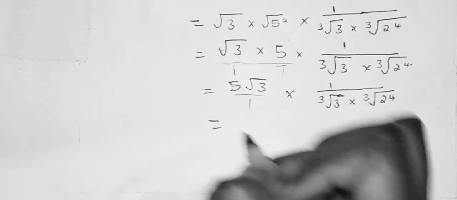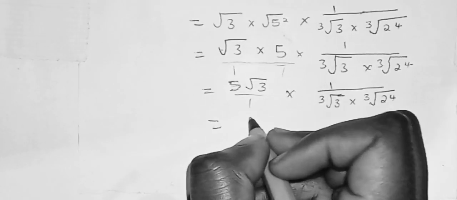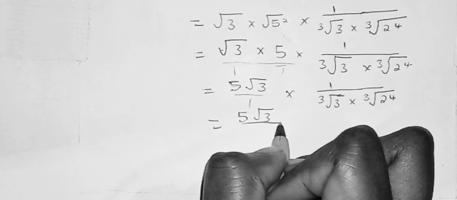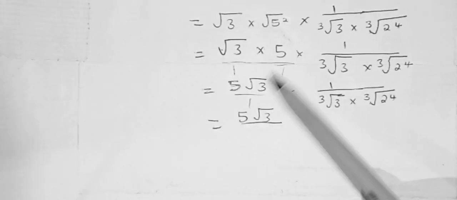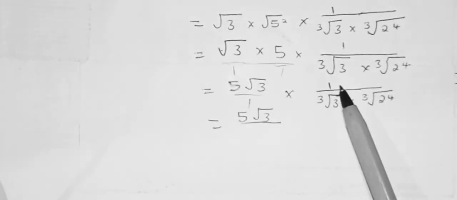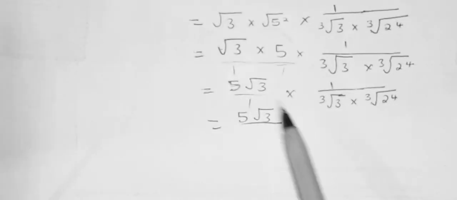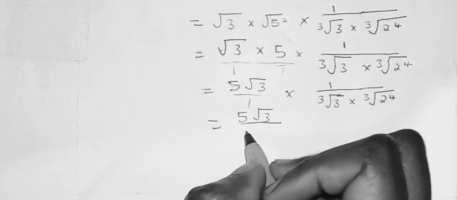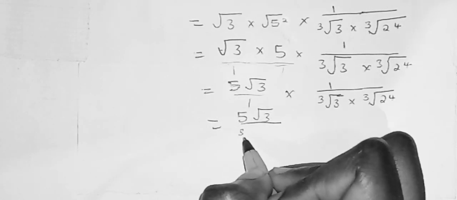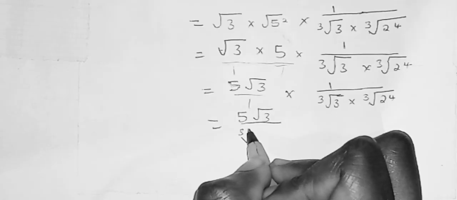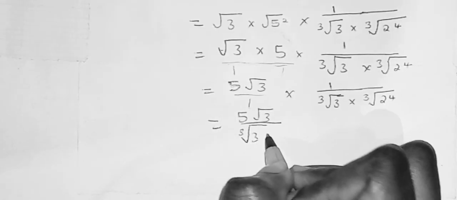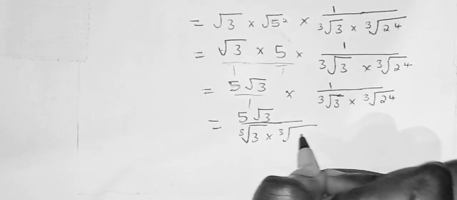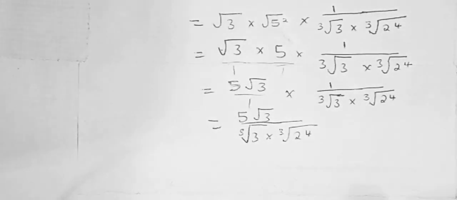So you multiply this and this by 1, and you get the same answer, which is the cube root of 3 times the cube root of 2 to the 4.